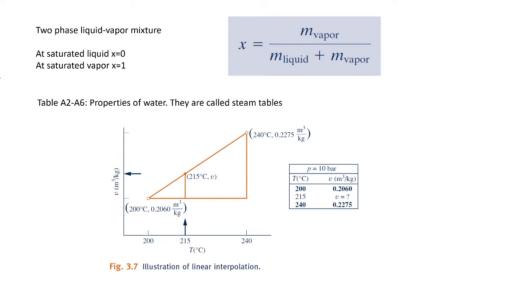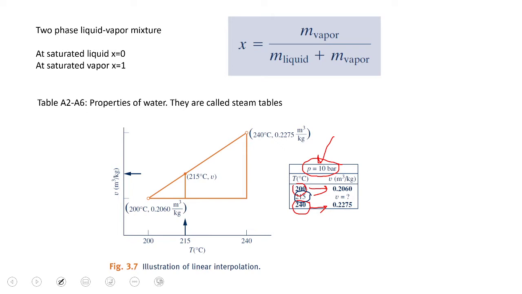So let's see, at the back of this book for water we have pressure equals 10 bar and we know at temperature 200 this is the specific volume, and at temperature 240 this is the specific volume, and we have to find specific volume at an intermediate temperature of 215.